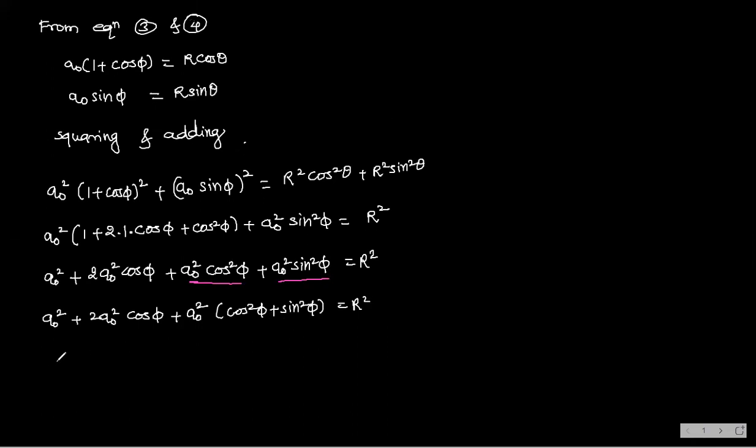So this a naught square plus this a naught square I am writing here, plus 2 a naught square cos phi, which is equal to r square. So what we are getting there? 2 a naught square plus 2 a naught square cos phi, which is equal to r square. Clear? Very good.